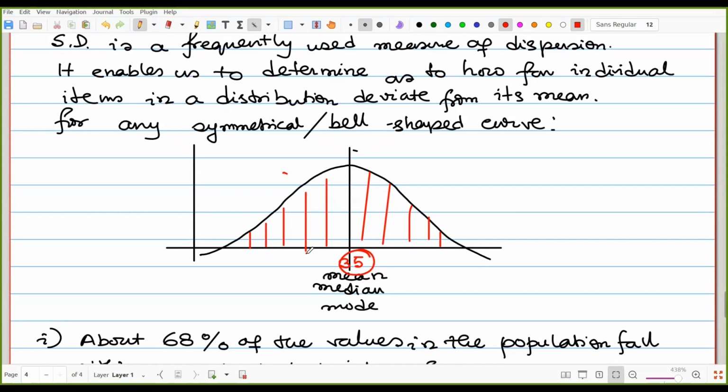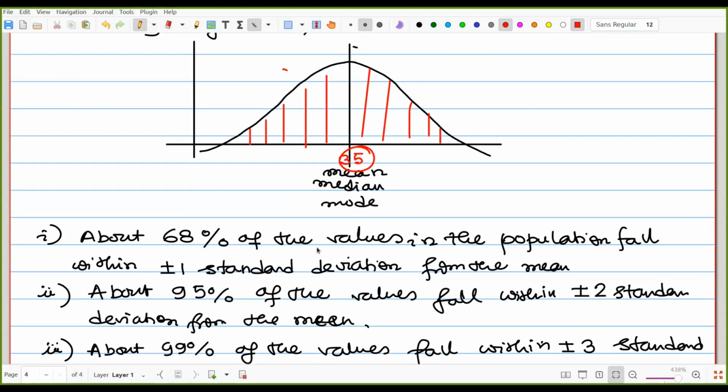So the mean is 35. Now we are comparing all the other values of the distribution. If we compare all the other values, then we may find about 68% of the other values in the population, that means the data, fall within plus-minus one standard deviation.